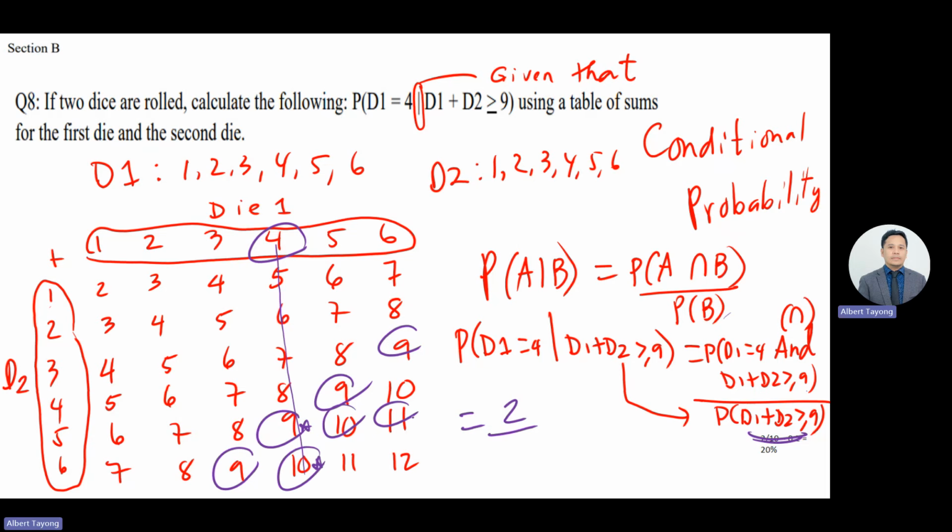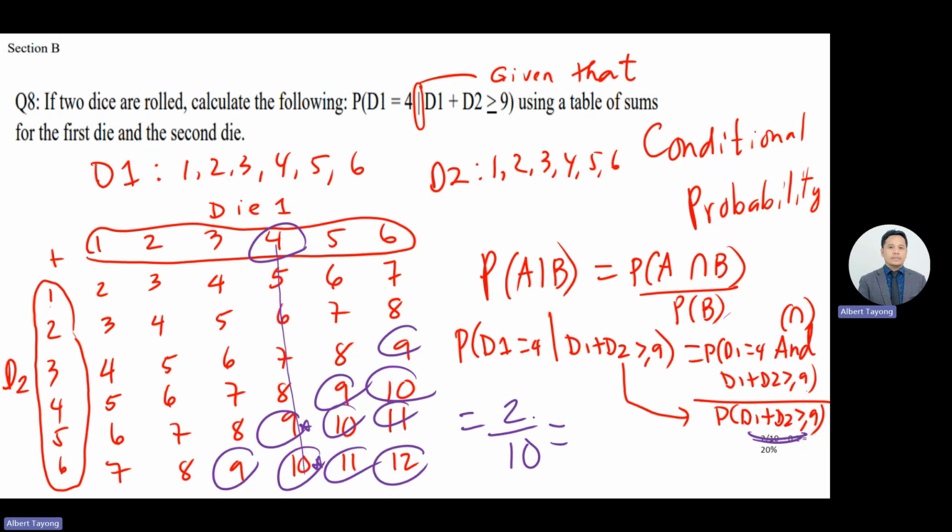So we have 1, 2, 3, 4, 5, 6, 7, 8, 9, 10. That's D1 plus D2 greater than or equal to 9. So we count from 9 until 12.